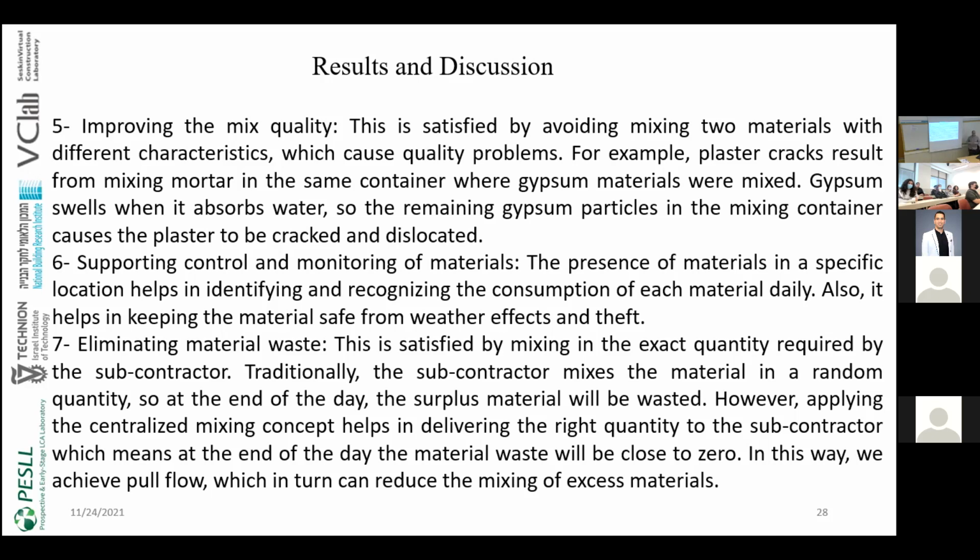For example, mixing mortar in the same container where you mix gypsum material causes a quality problem. We know that gypsum particles swell when they absorb water. So if some of the remaining gypsum stays in the mortar, then when you plaster, after a time the plaster will crack and dislocate.